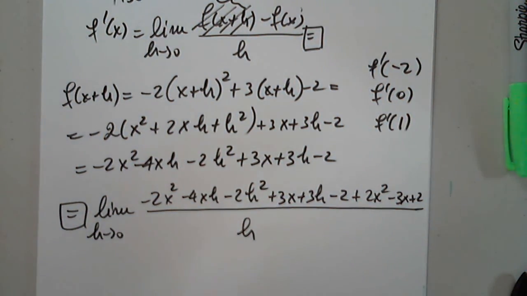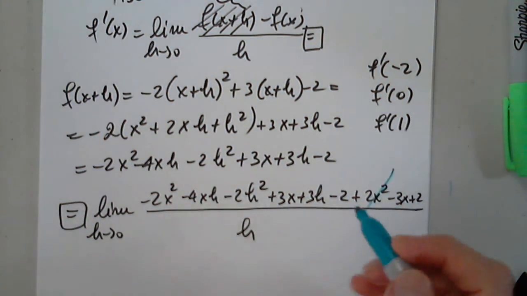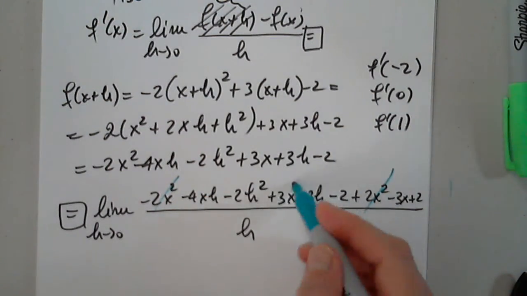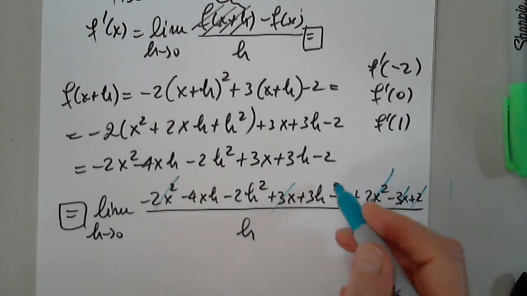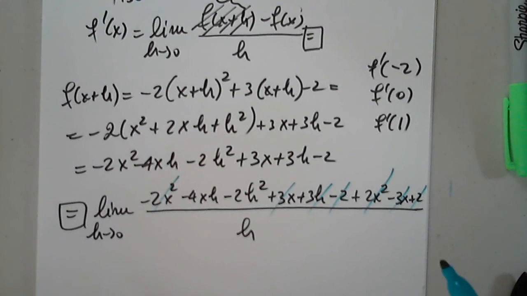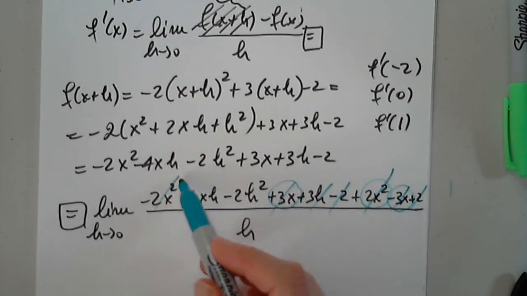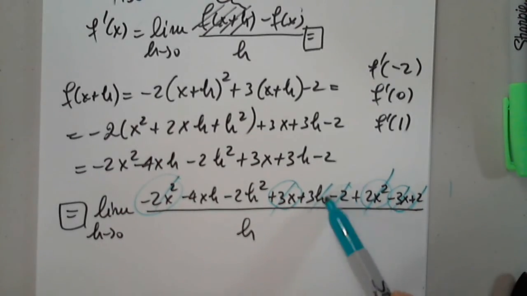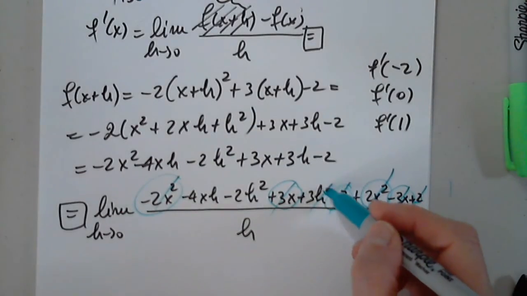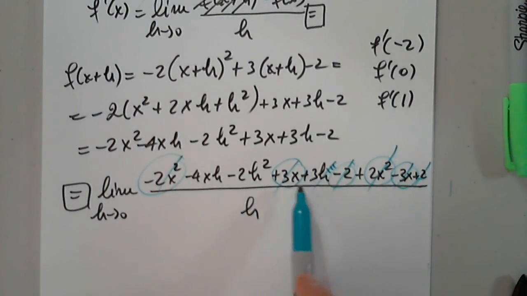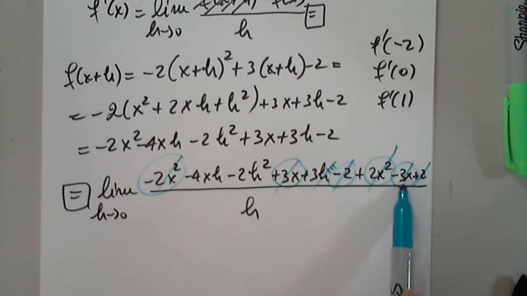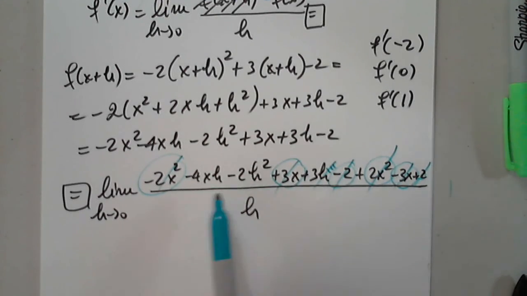So these terms are gone, and the negative 2 is gone. There are 3 terms left.